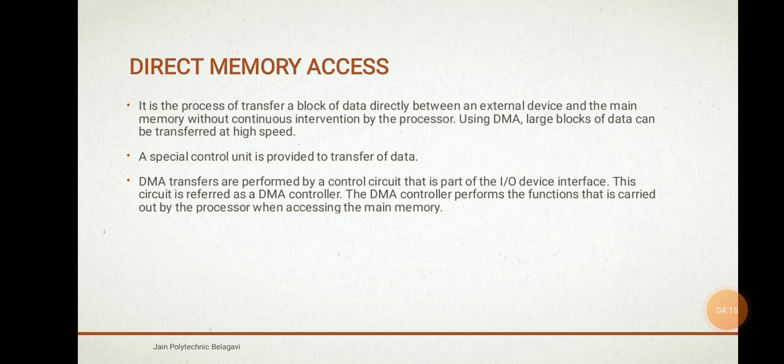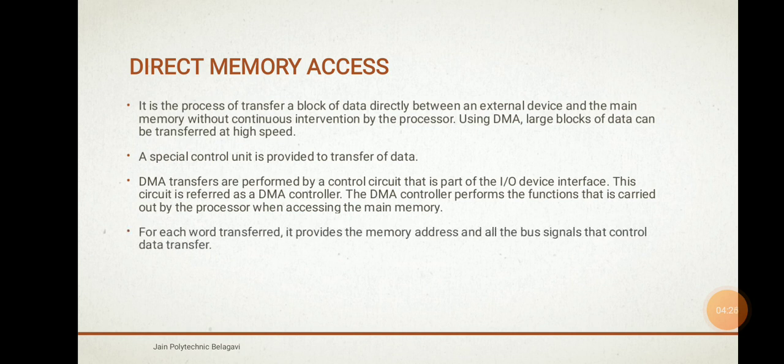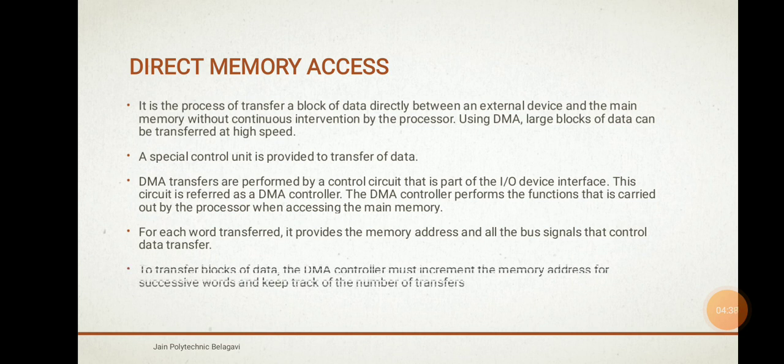The DMA controller coordinates the device interface. It performs the functions which are carried out by the processor while accessing the main memory. For each word transfer, it provides the memory address and all bus signals that control the data transfer.